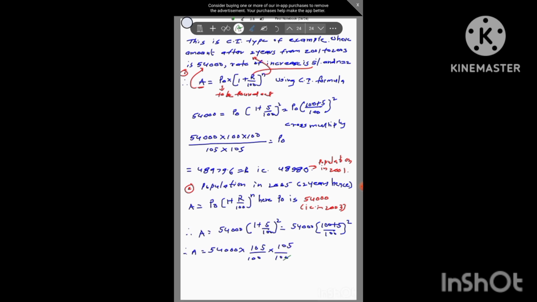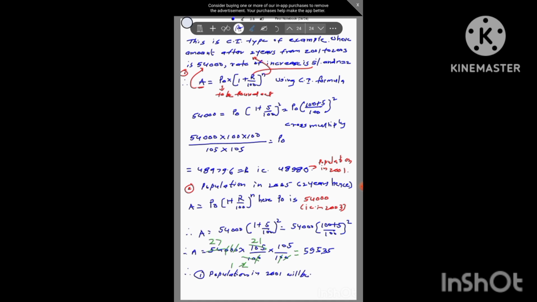Now the zeros get cancelled, and after cancelling, this is your answer: 59535. That is the population in 2005.